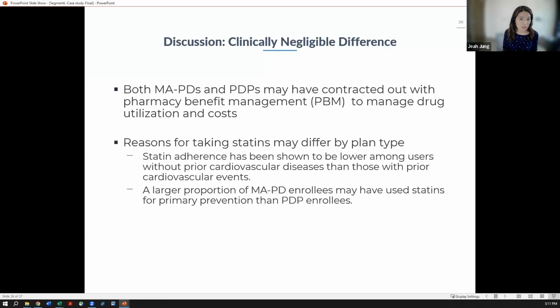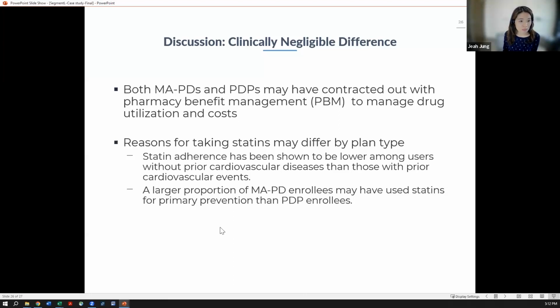Or what about this? So those roles are on the PBMs rather than the MAPDs or PDPs. But we don't have many PBMs. These are very concentrated markets. So a lot of the MAPDs and PDPs have the same PBMs, which means the approach to improve statin adherence may have been similar between MAPDs and PDPs.